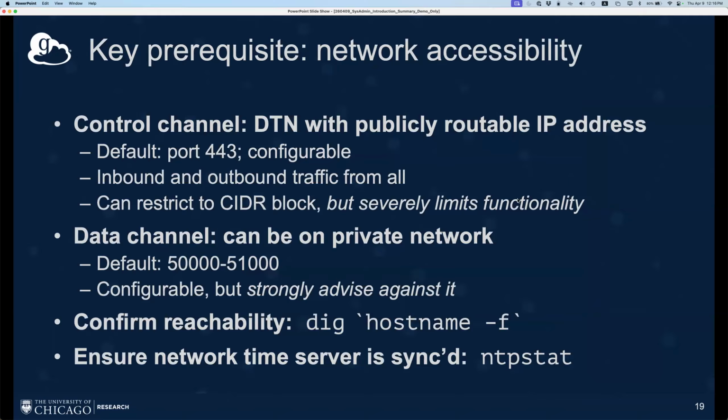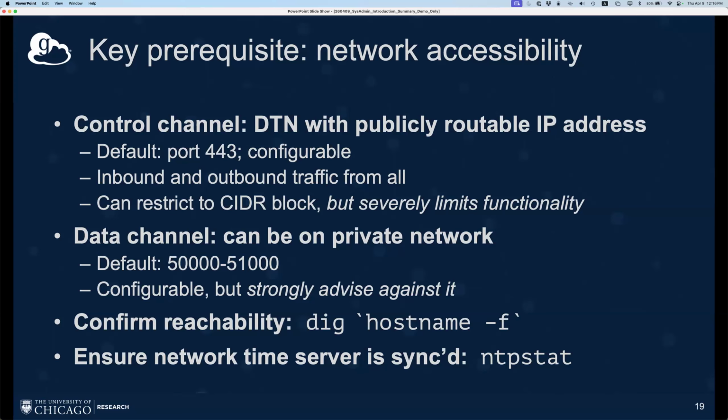So setting this up on the network, one of the things that some folks will run up against is network access. Depending on how locked down your organization is, you may need to talk to folks to have some ports available. The Globus service uses port 443 to communicate with endpoints and do all sorts of things.